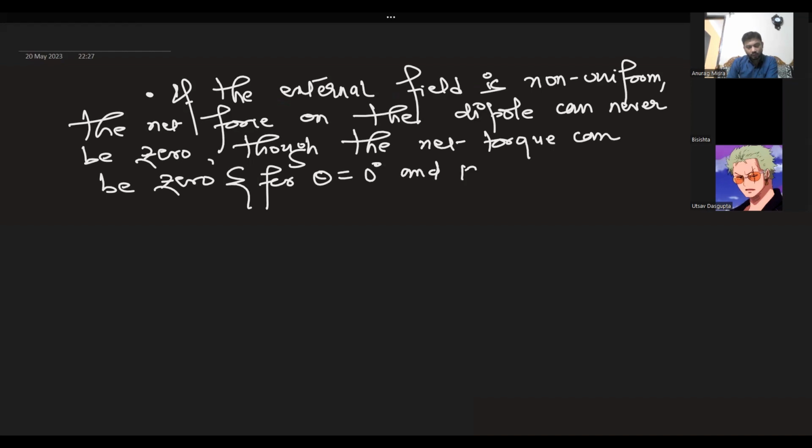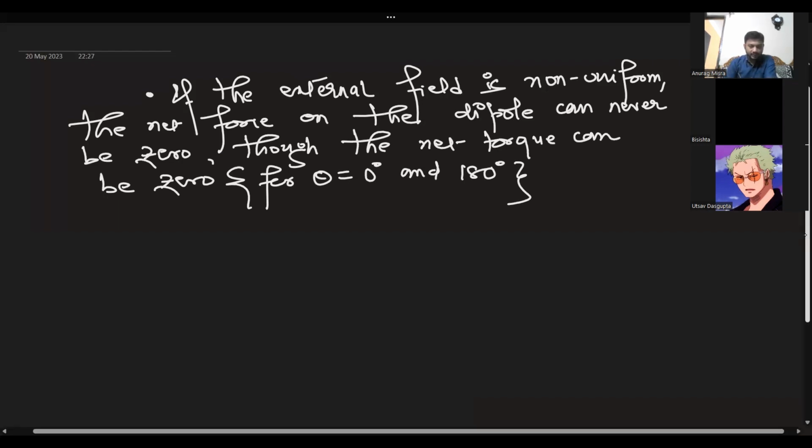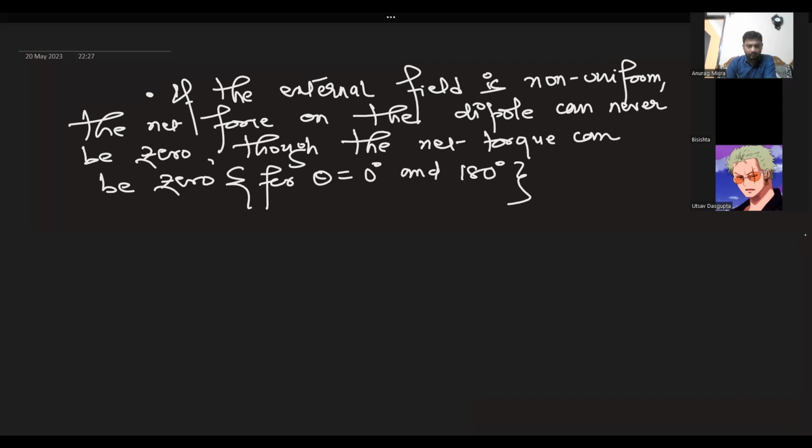Because the oppositely directed forces will not be equal, but they will stretch the dipole along opposite directions. They will not let it rotate, it will only feel force. If the external field is non-uniform, the net force on the dipole can never be zero, though the net torque can be zero.